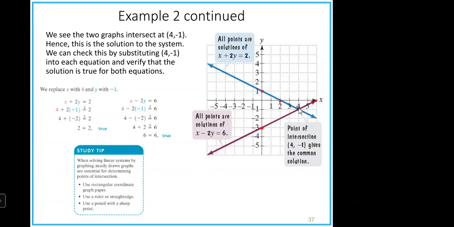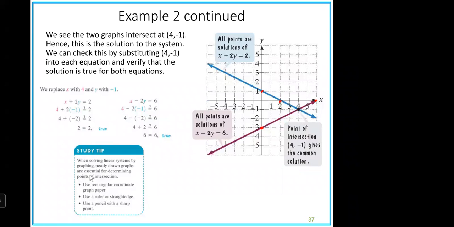But with pencil and paper, you shouldn't have that much of a problem drawing the lines accurately. If you are off slightly, the point of intersection might not be correct, so you have to be careful as you plot.